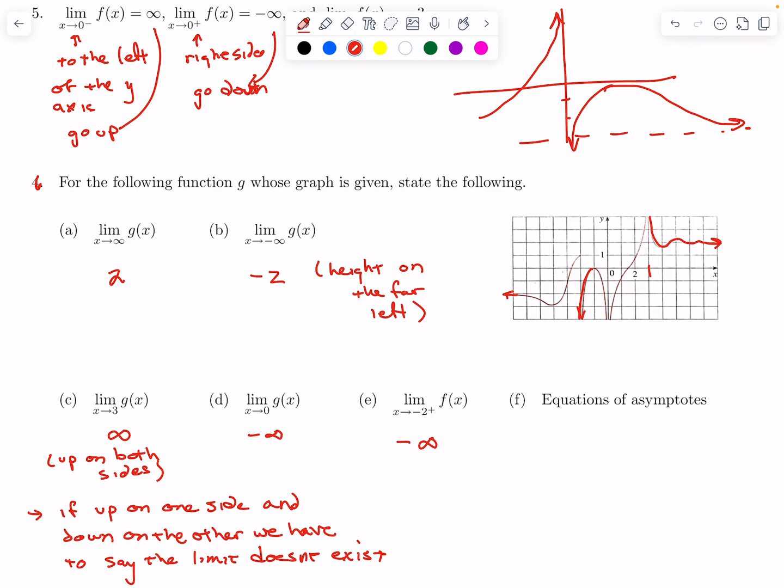Because it does that, we'll have to call -2 and other places where it's falling off the bottom of the universe and off the top of the universe. Those are my vertical asymptotes. Horizontal asymptote, on the right it was y equals 2, and on the left it was y equals -2.